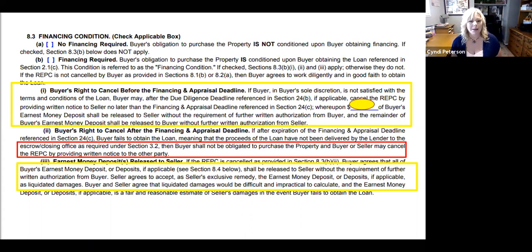So I want to make it really clear that you understand, if your buyers don't show up to closing, your sellers show up to sign, they find out buyer didn't qualify or whatever, you still need to send a cancellation letter from the seller to the buyers to let them know that they canceled the contract due to that situation.